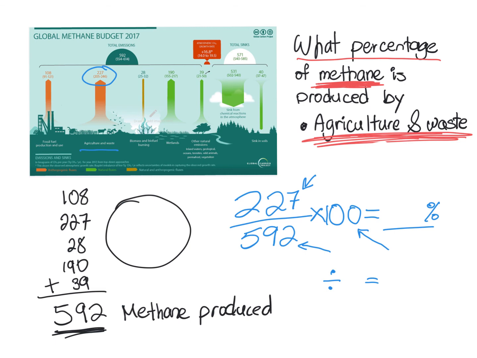That number is a percentage, and that is the answer to this question in Formative. And that should give you the size of the pie piece, like how much of the entire methane being produced is produced by agriculture and waste.